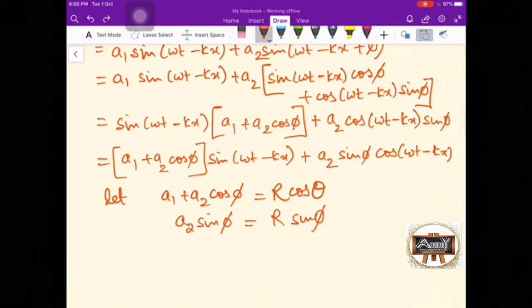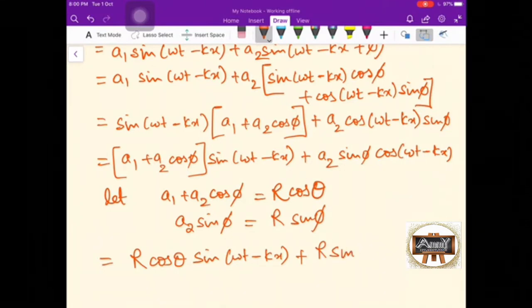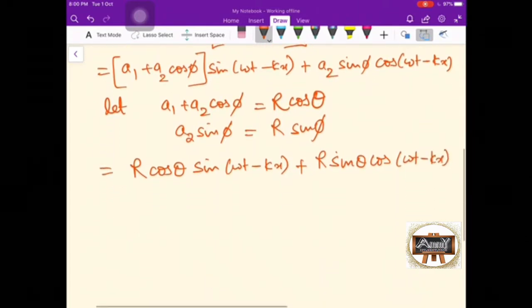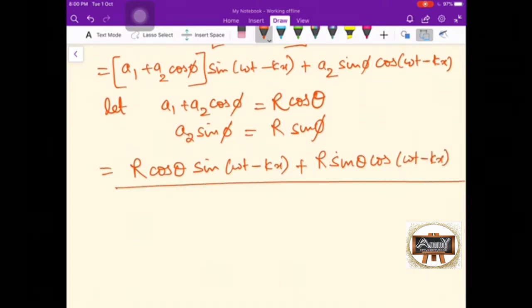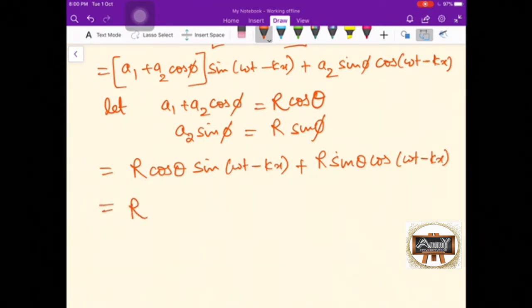So my equation will be reduced to r cos theta sin(omega t minus kx) plus r sin theta cos(omega t minus kx). If you analyze further, this equation can be reduced to r sin(omega t minus kx plus theta).